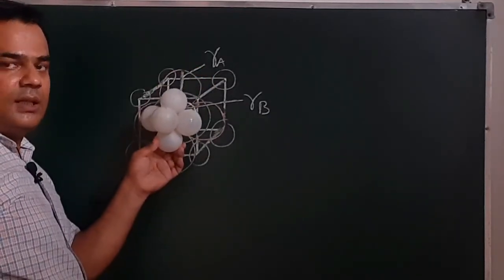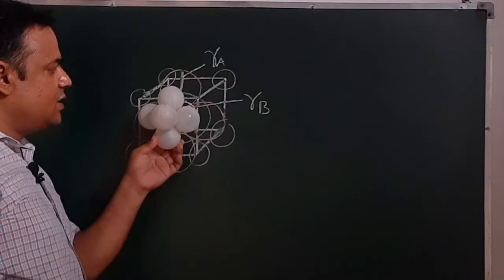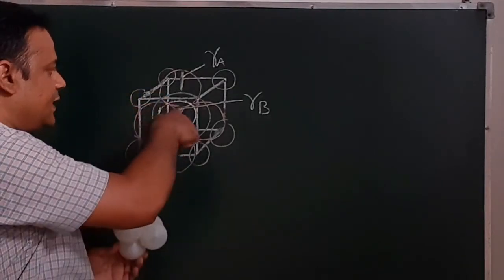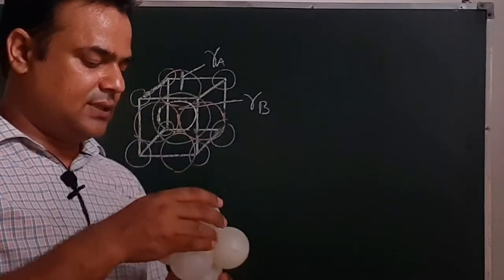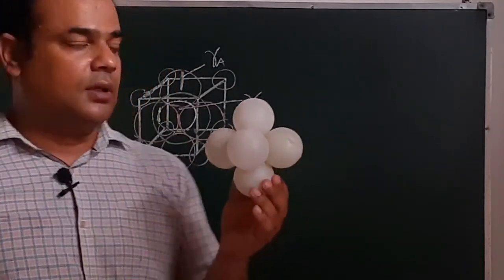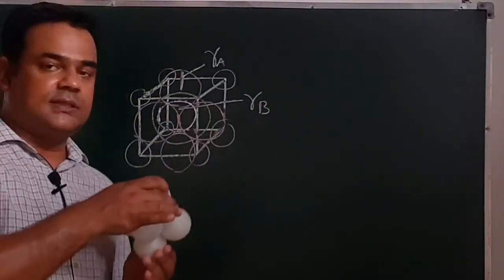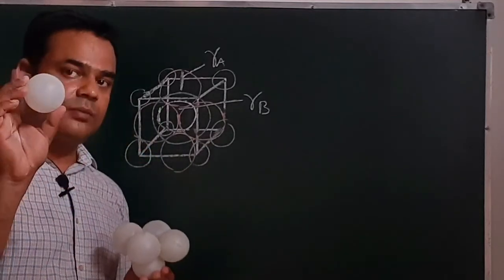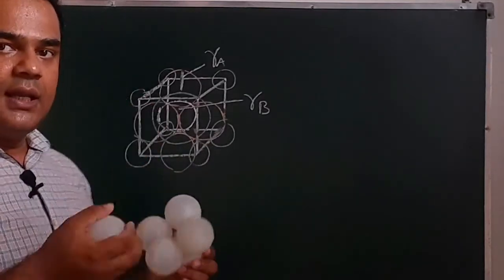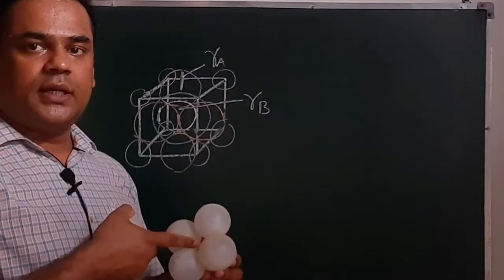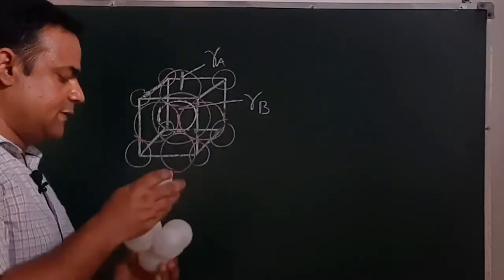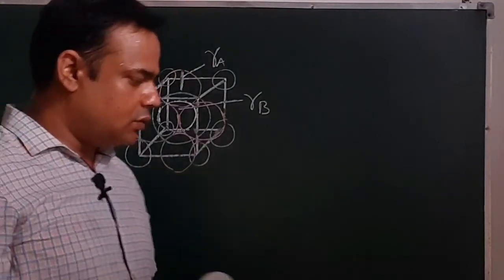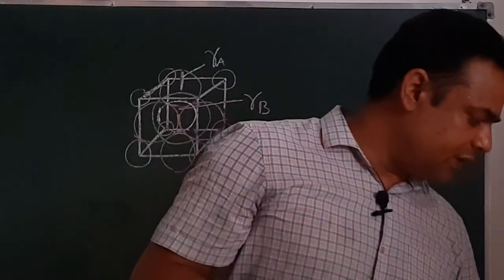So when they touch each other, then at the center here there will be formation of an octahedral void like this. So we have to find a relationship between the radius of this constituent particle and the radius of the octahedral void formed inside this structure. Hope you have understood what we have to calculate.